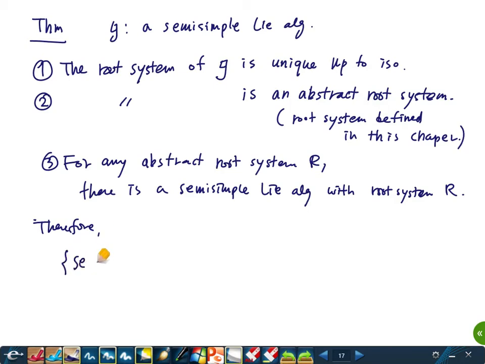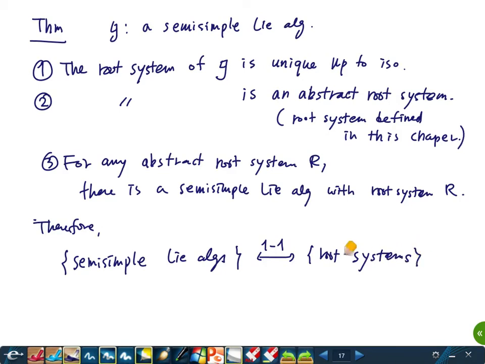And also, a semi-simple Lie algebra is determined by its root system. So there is a one-to-one correspondence between semi-simple Lie algebras and abstract root systems. And if you want to look at simple Lie algebras, then they correspond to irreducible root systems.